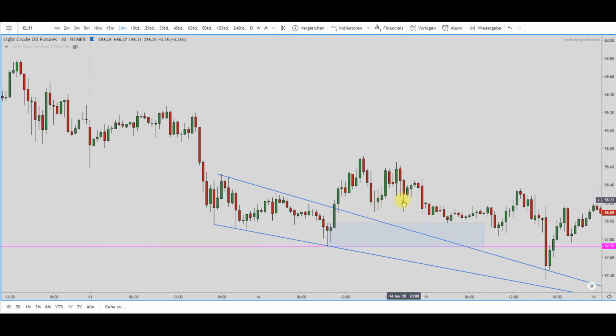Did not happen that day. I didn't leave in the order because I knew there were oil inventories coming out. Overnight we did actually hit the level, came back in the morning, my time, European. So I decided to put back the order and I got filled.